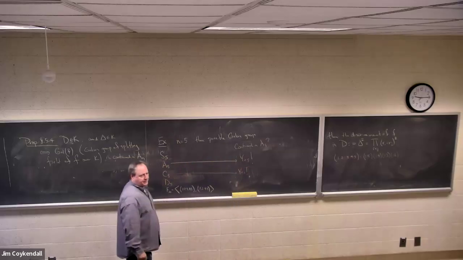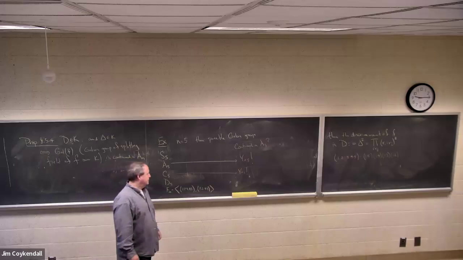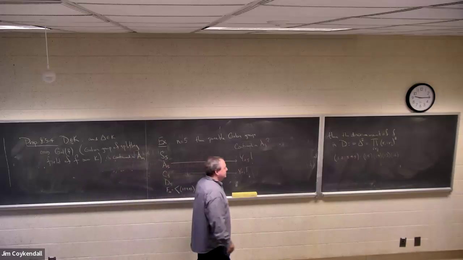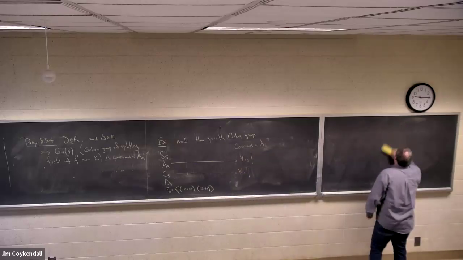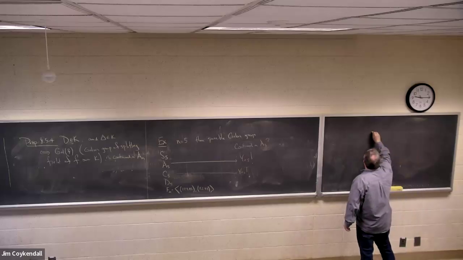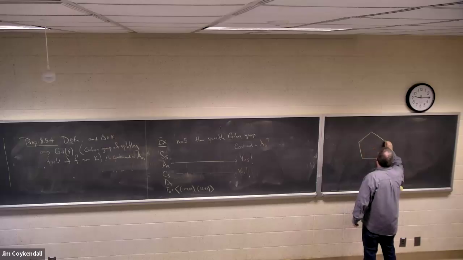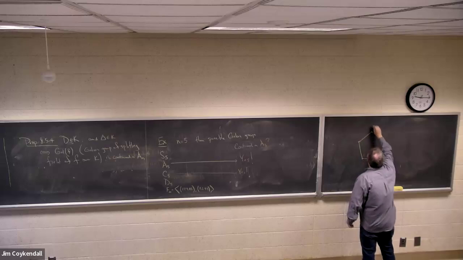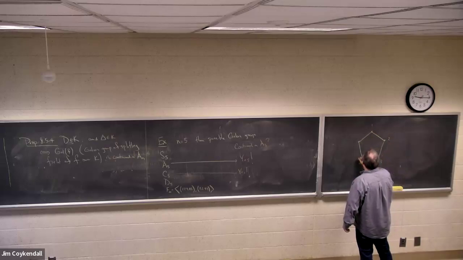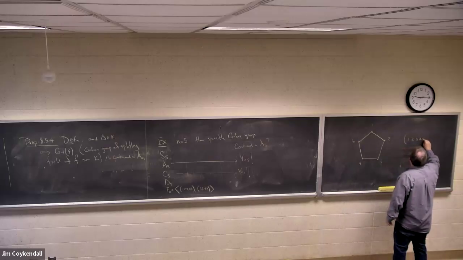What about D5? Well, what does D5 look like inside A5, up to isomorphism? One of the generators is (1 2 3 4 5).